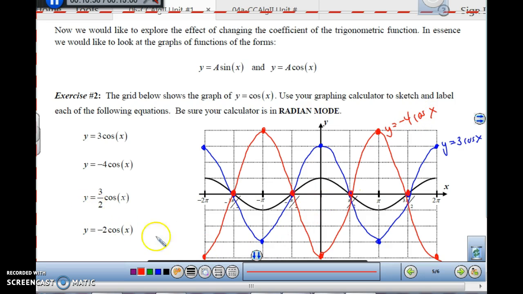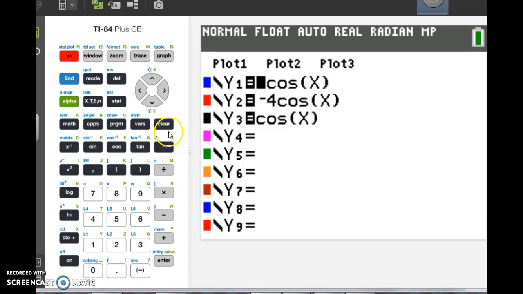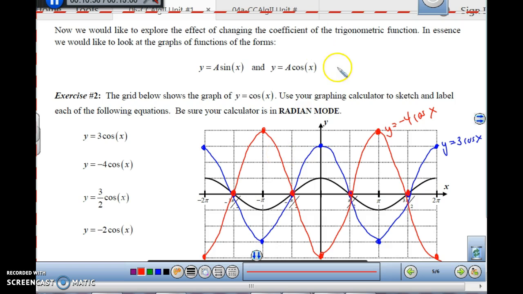All right, y equals 3/2 cosine x. Let's see what that does. I'm going to go down here. All right, so 3/2 cosine x. 3/2 is 1.5, so that should increase the amplitude by 1.5. Let's see if it does. Yep, instead of 1, I'm at 1.5, so it's the same graph, just at 1.5.